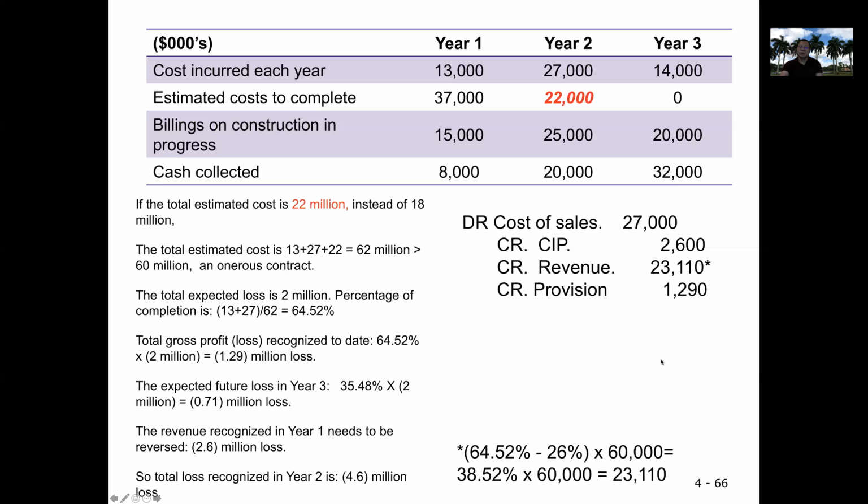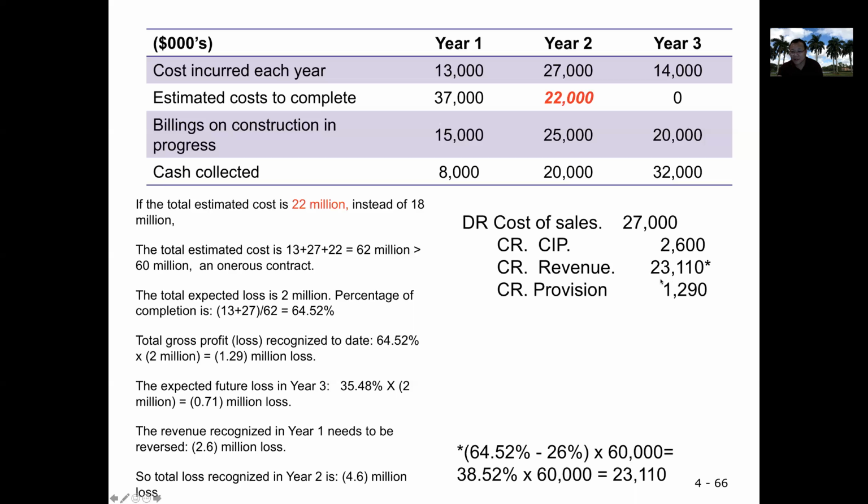Okay, so now, what about the previous revenue? Remember, in year 1, we recognized a $2.6 million gross profit. That has to be reversed, right? Because there's no gross profit on this project. So I'm going to reverse the entry by credit construction in progress for 2.6 million, right? 2,600 here.